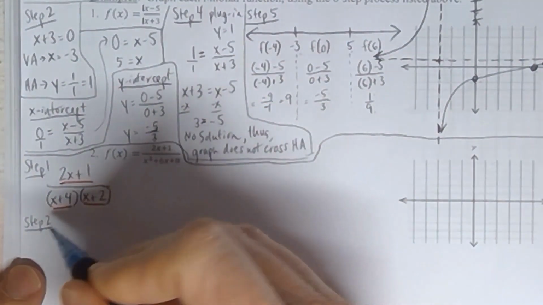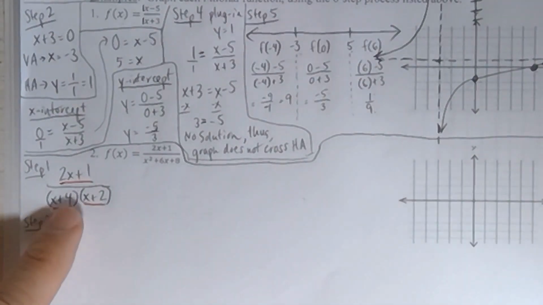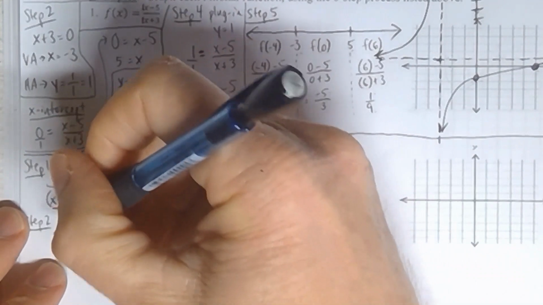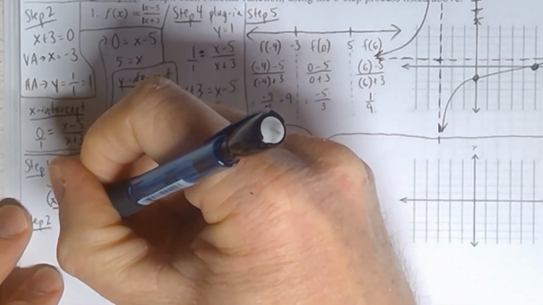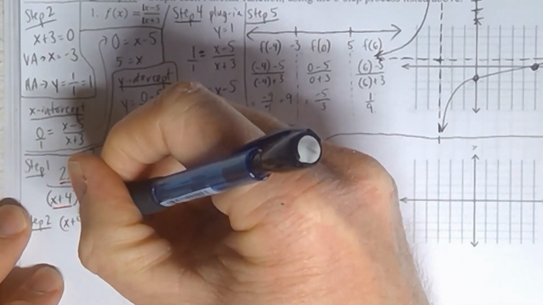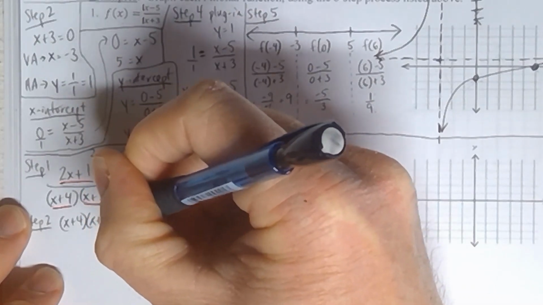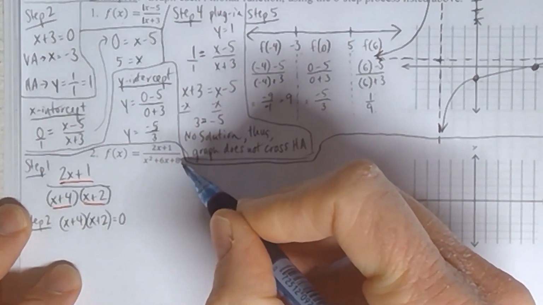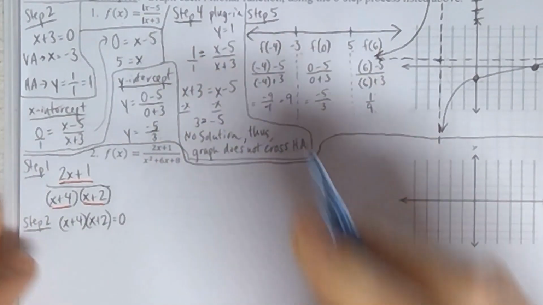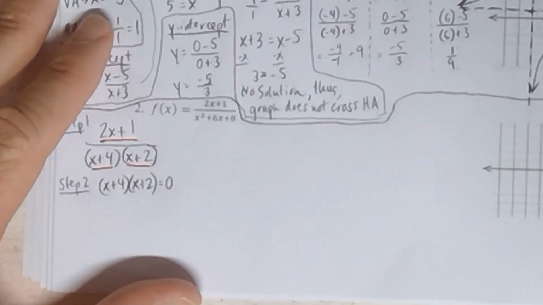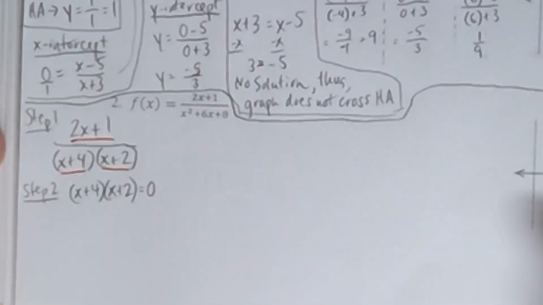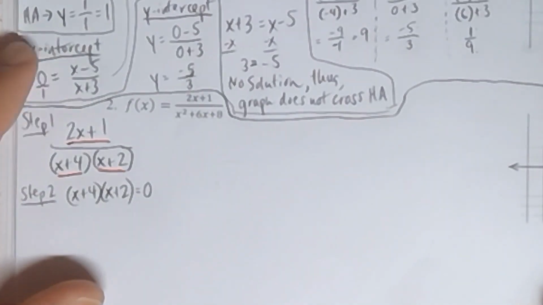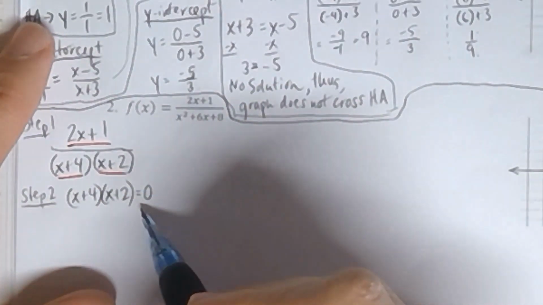Now, in step 2, I'm glad we factored the bottom because that's going to help us do step 2 here. Step 2 says for the vertical asymptote, you have to figure out when the denominator is equal to 0. Because that is a degree 2 polynomial that you're setting equal to 0, that becomes a quadratic equation, and we need to factor that. That's not the only way to solve a quadratic equation, but it's usually the most popular method, and it will work here.